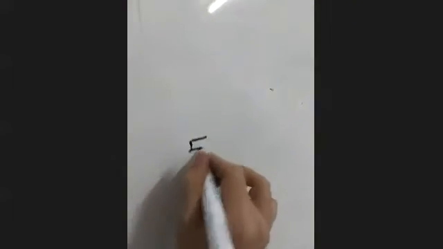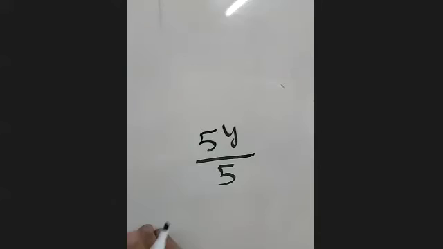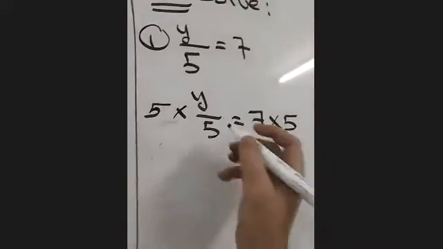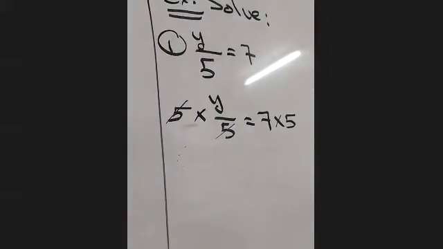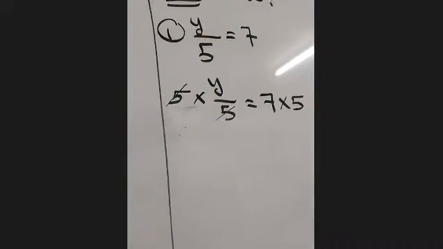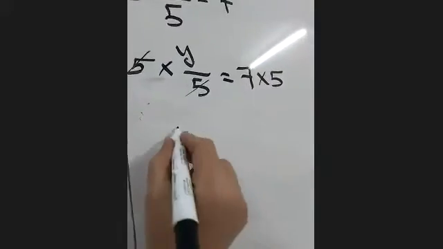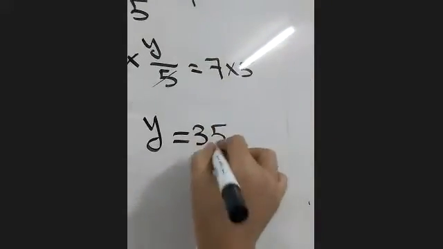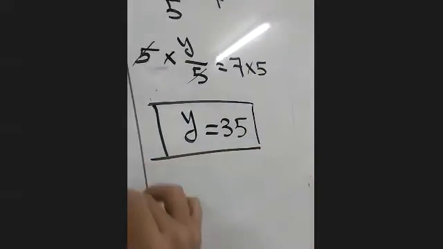And these 5s will go because they equal 1. So we cross these 5s, because 5 up and 5 down cancel with each other. What is still here? y. And 7 multiplied by 5 is 35.